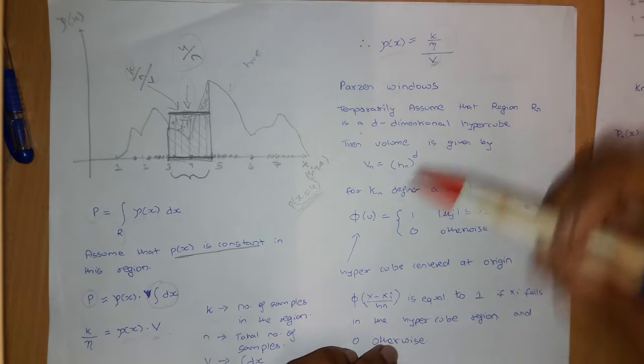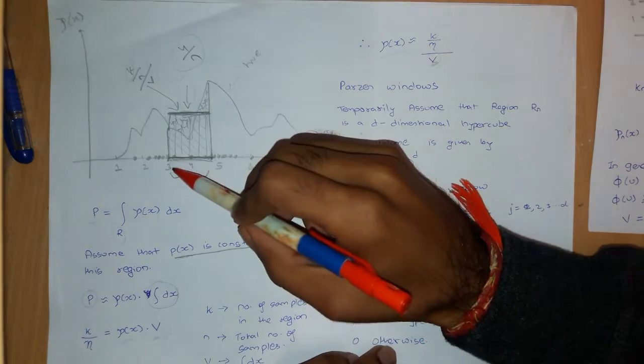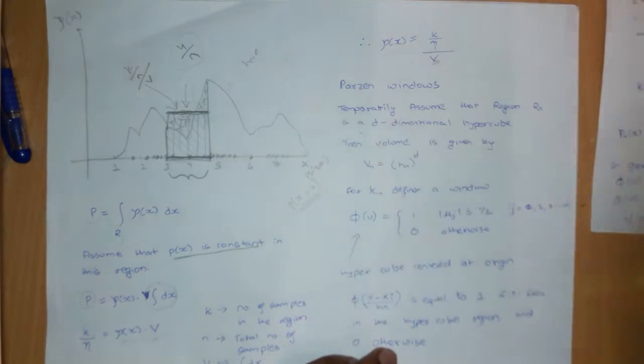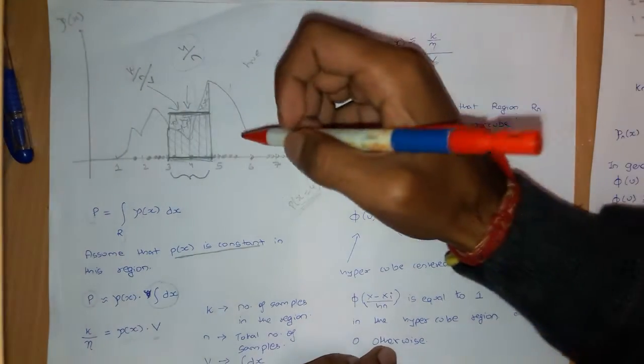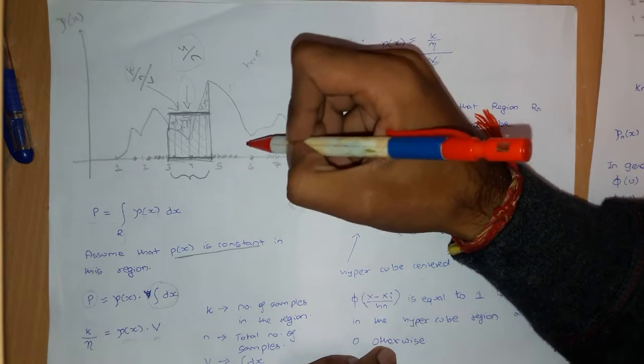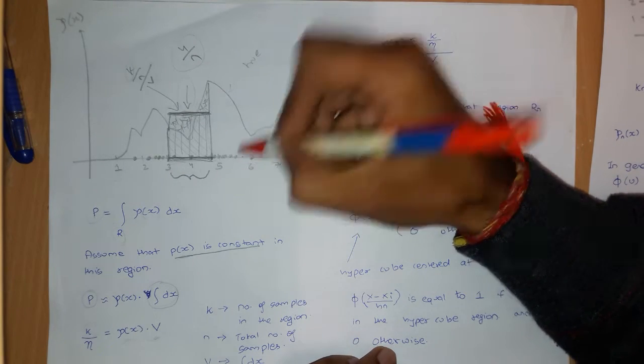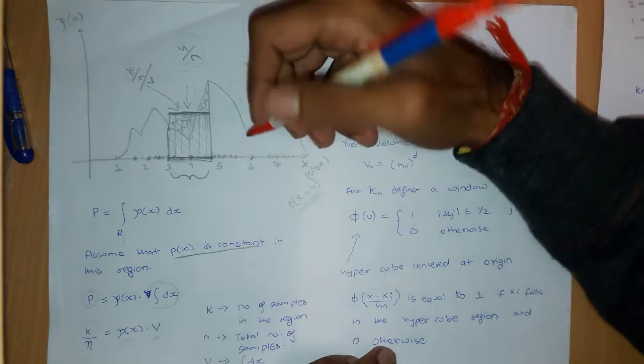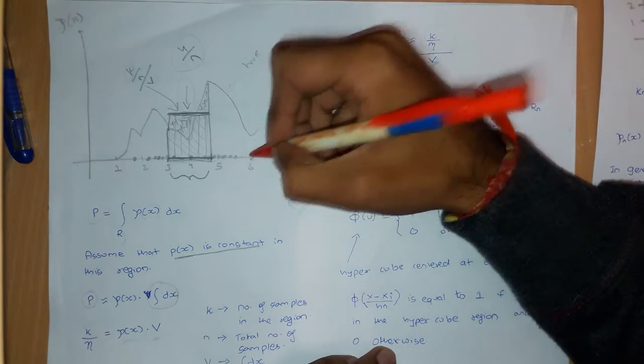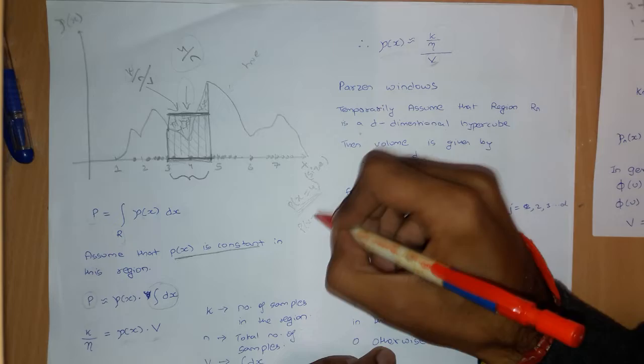Before this, I'd like to clarify one thing. Here you can see that I cannot keep the region very small. Suppose I keep the region very small, say I want to calculate p of x equal to 6.